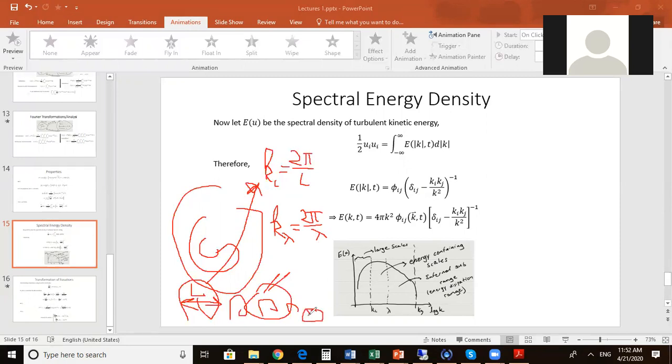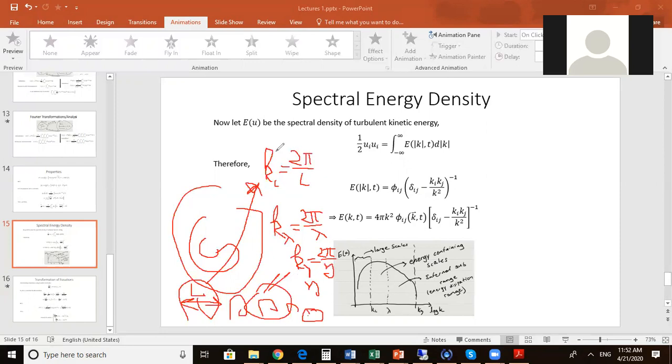At some point, if your scale is really small, this kind of vortex will die very fast. It will die because of thermal conduction, thermal dissipation. So this is the so-called Kolmogorov scale, typically called eta. And here K eta will be 2 pi over eta.